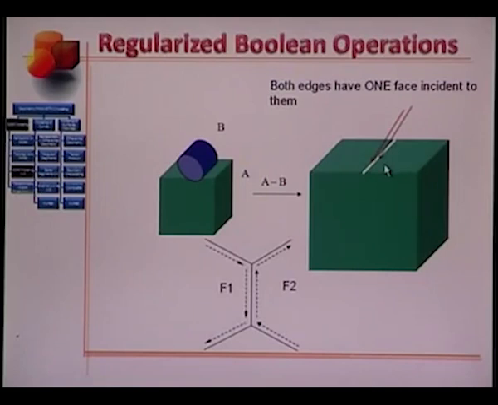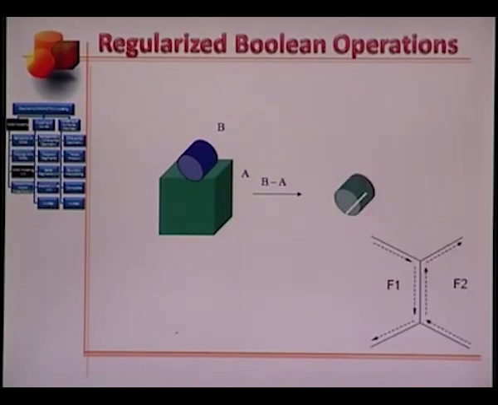So the winged edge data structure can detect both the singularities. If the two edges are very close to each other, it will complain accordingly, and if there are less than or more than two faces incident to a single edge, it will complain as well.